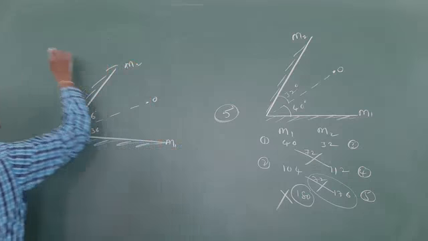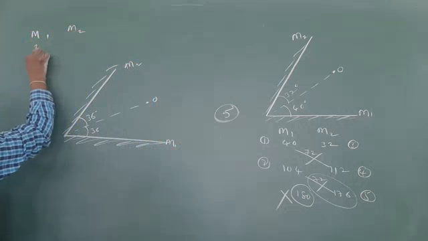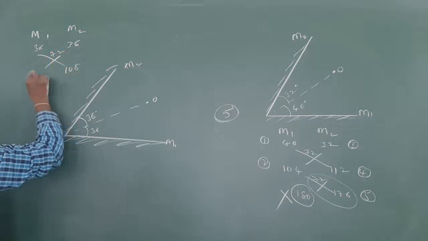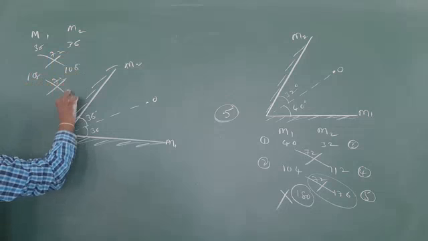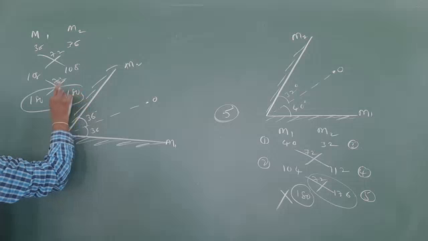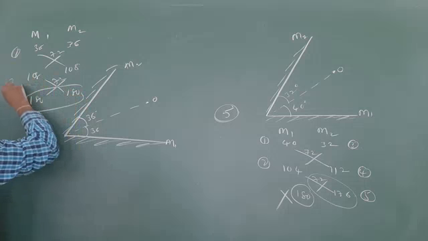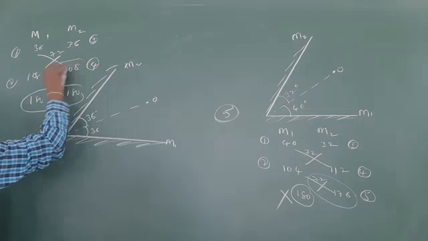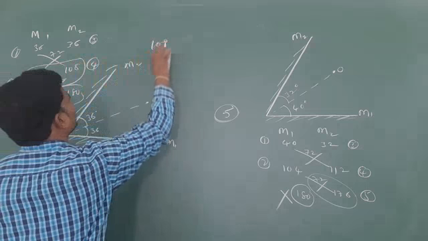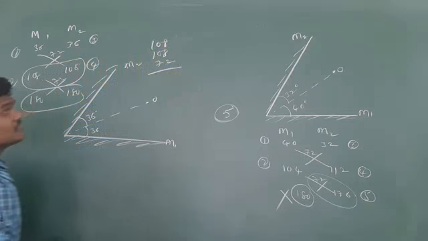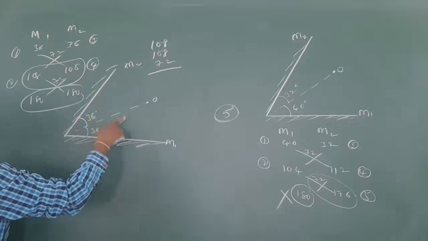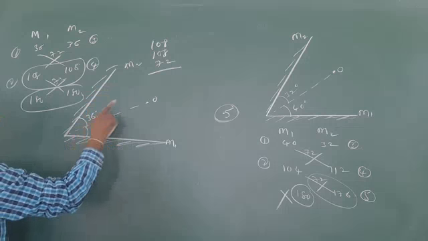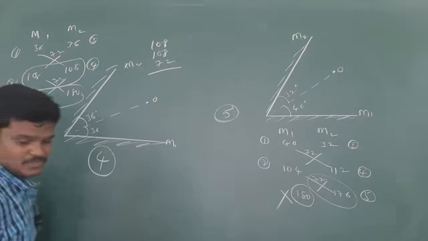M1, M2, so 36, 72, 108, 144, 180, leave this one. 1, 2, 3, 4. Number of images are 4. Just add these two things: 108, 72. Is it equivalent to 360? No. So how many number of images for 36, symmetric? 4. So you try to solve this one.